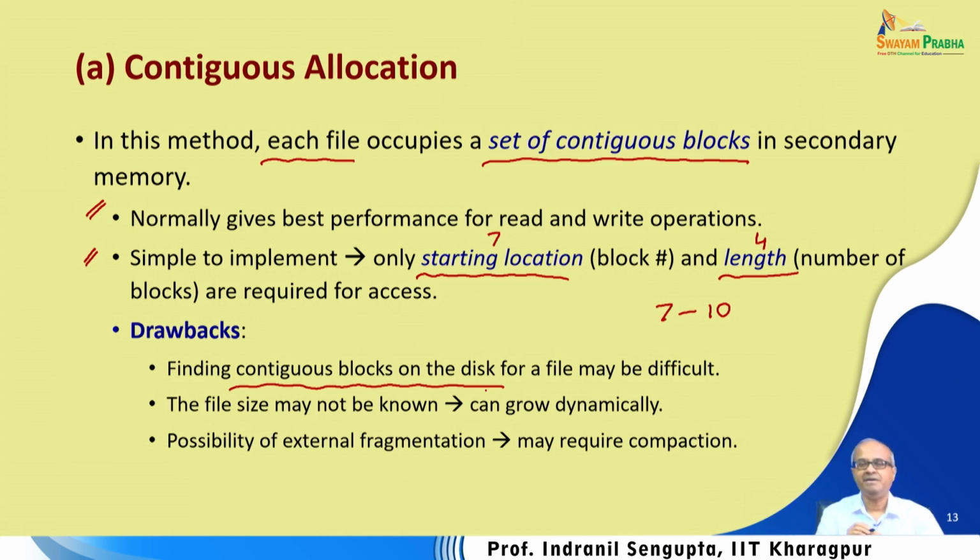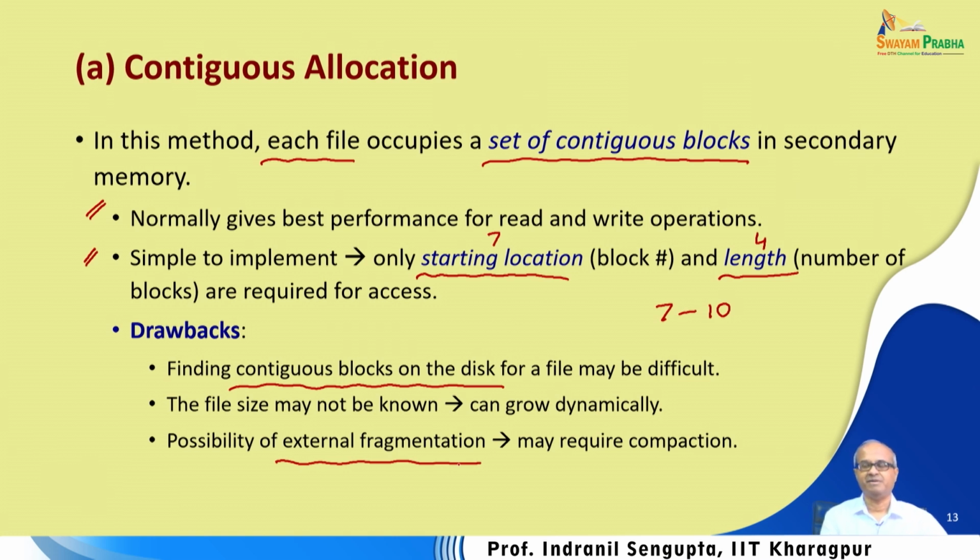And secondly, because you are talking about contiguous allocation, exactly similar to memory management, you can have external fragmentation. There can be small sequences of free blocks which are available, but no large enough contiguous blocks that can accommodate a large file.